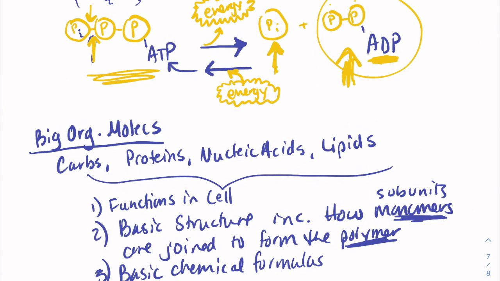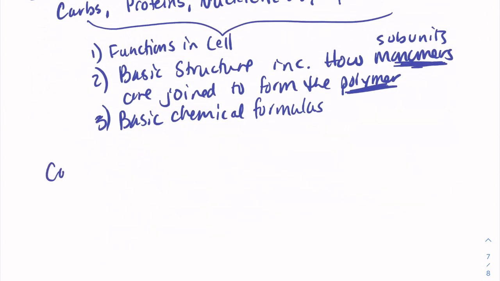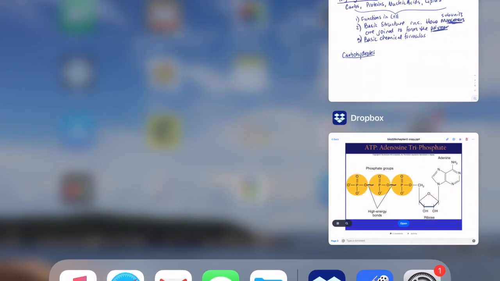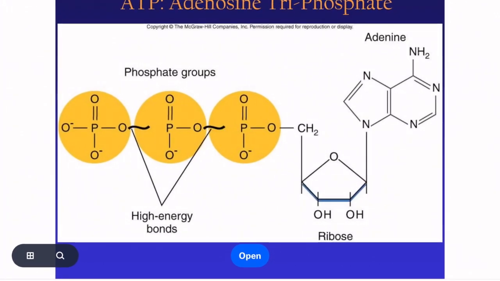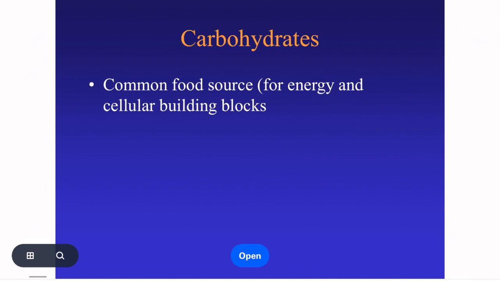Alright, so we are going to start with carbs, short for carbohydrates, because they are my favorite. I love my carbs. I want to eat all the carbs. I love carbs. They are so tasty. Carbohydrates are a common food source.